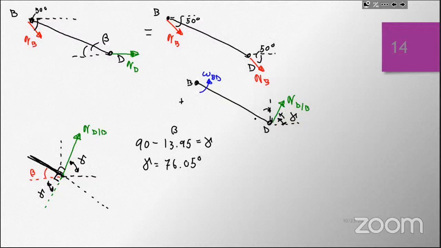Okay. Well, hey, wait a second. This angle right here is also 90 degrees, yeah? So 90 minus gamma has to give me back beta. Okay.